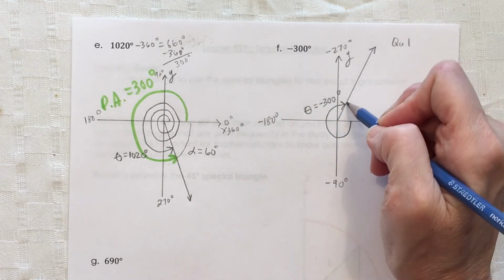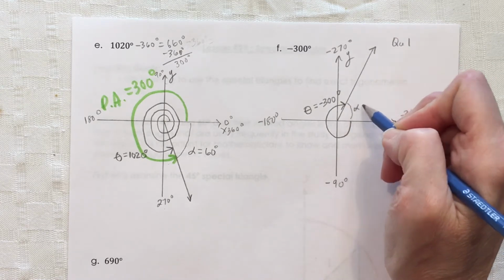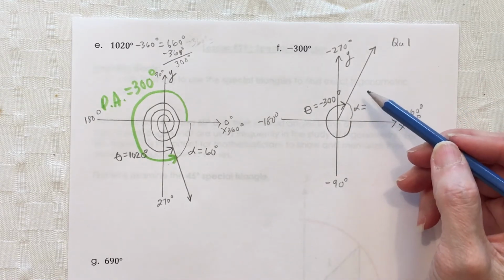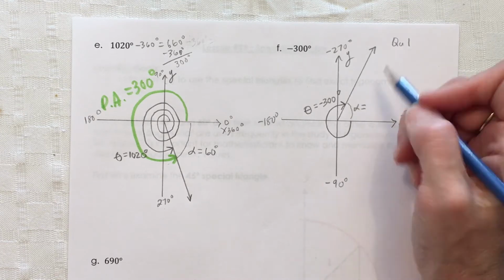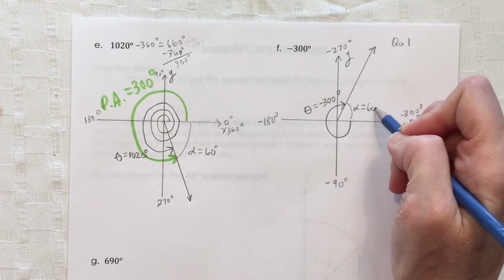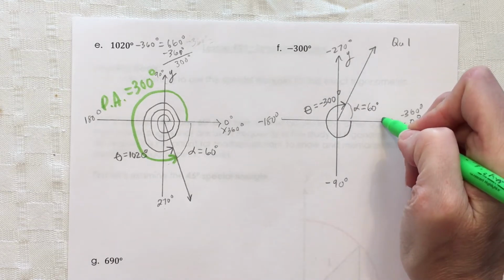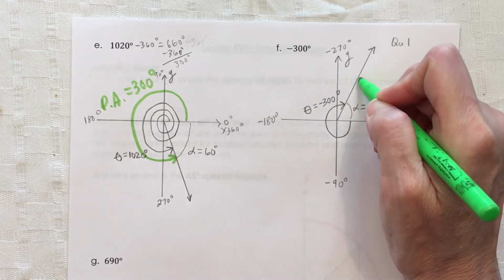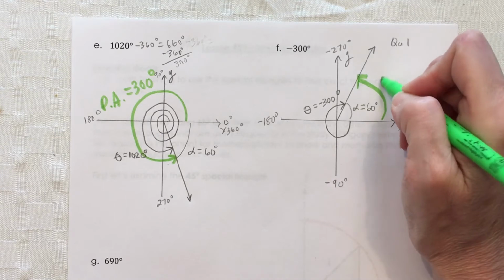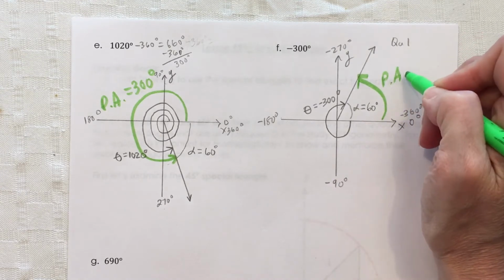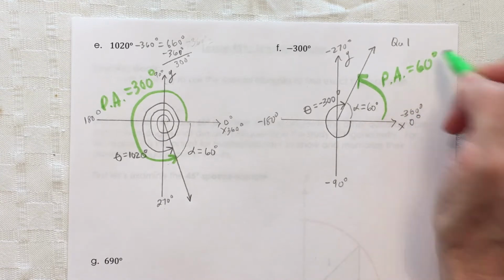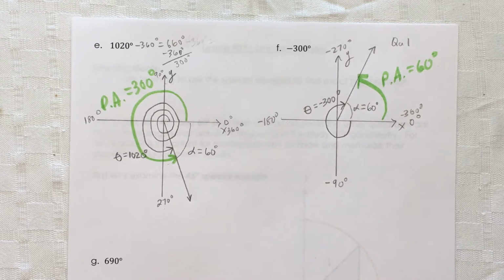Then we need alpha in here, which is the distance between the terminal arm and the x-axis, so that's 60 degrees, which is also the same as the principal angle, but the principal angle has an arrow. So the principal angle is also 60 degrees, but it's directed.